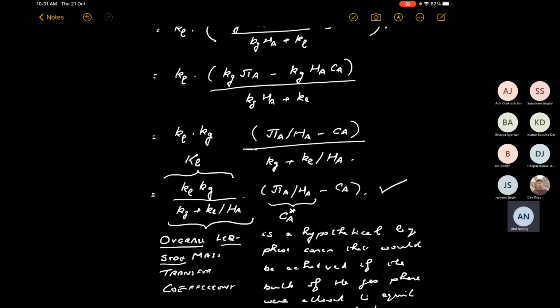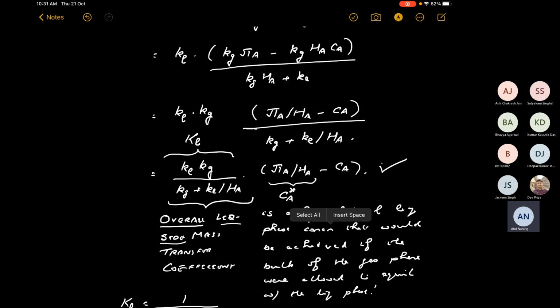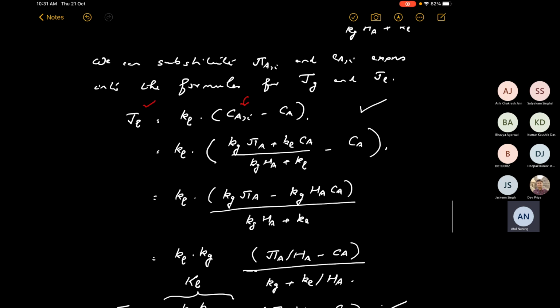Now there is another important simplification that results if the gas is highly insoluble or highly soluble. Let's take a look at the expression for JL. Suppose the gas is highly insoluble, which, as I pointed out earlier, means that HA is very large.